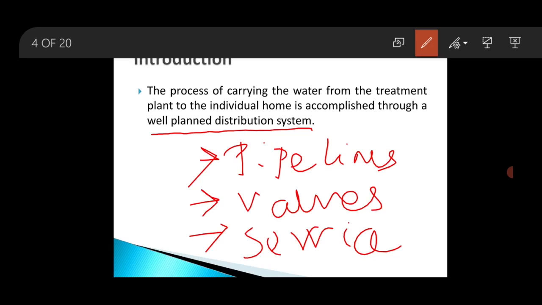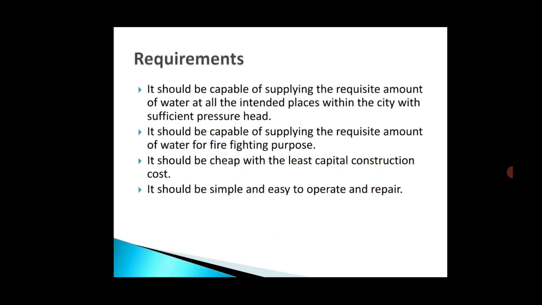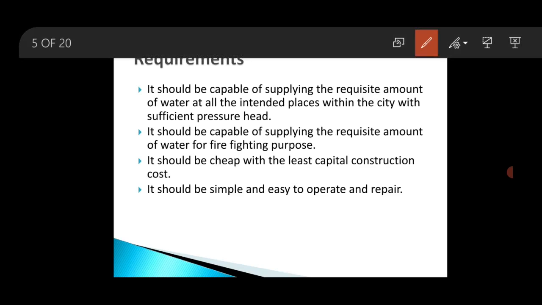Okay, so next we will discuss what are the requirements of a good distribution system. So it should be capable of supplying water at all the intended places with a sufficient pressure head.